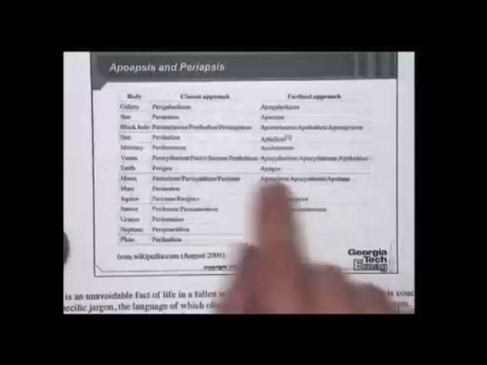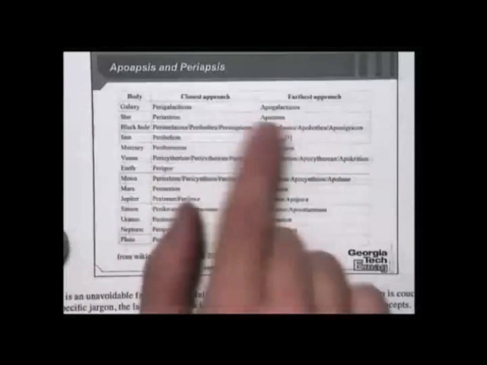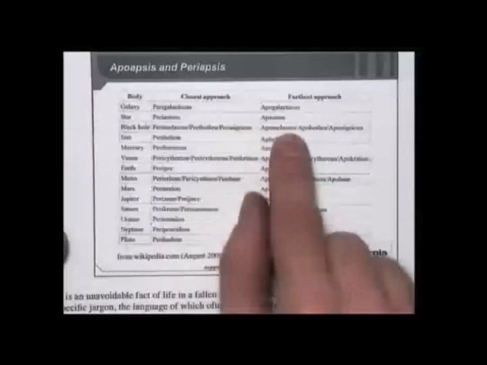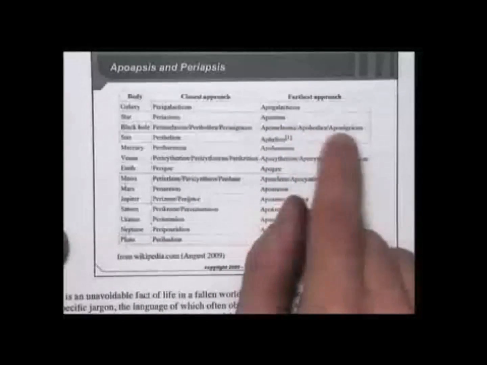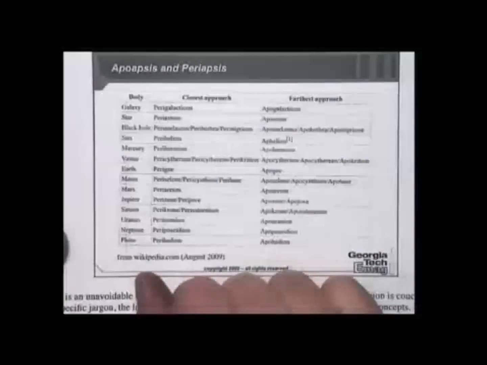My favorite is this one, the black hole. We've never sent anything in orbit around a black hole, and yet there are three competing conventions: perimelasma, peribothra, or perinigricon versus apomelasma, apobothra, or aponigricon. I blame the science fiction writers for that one.